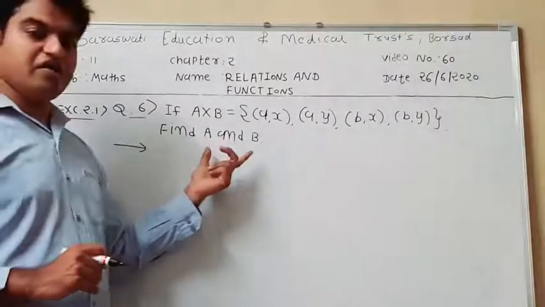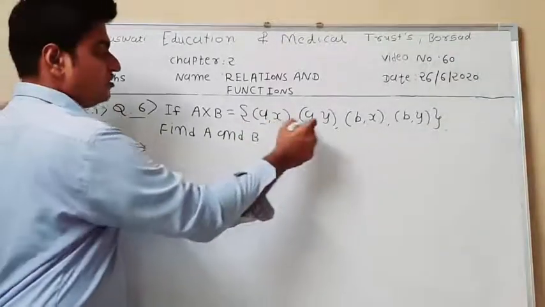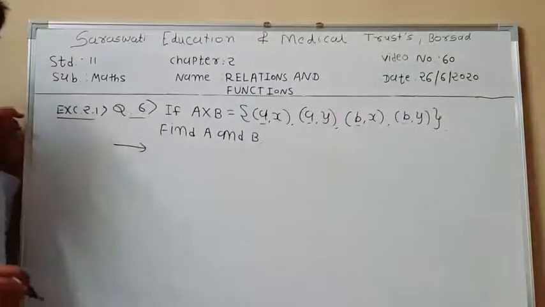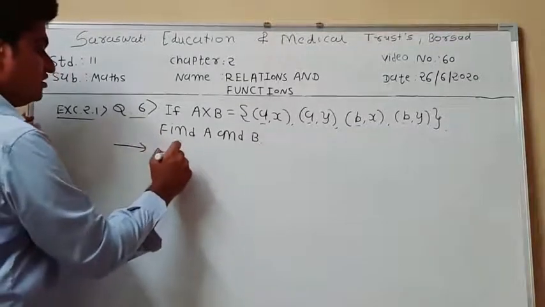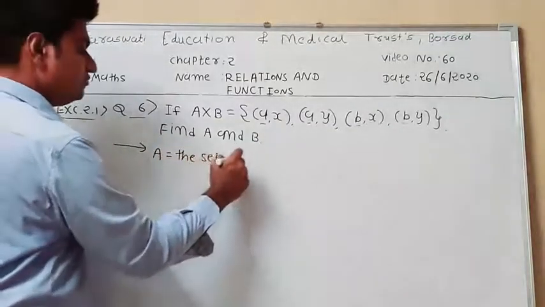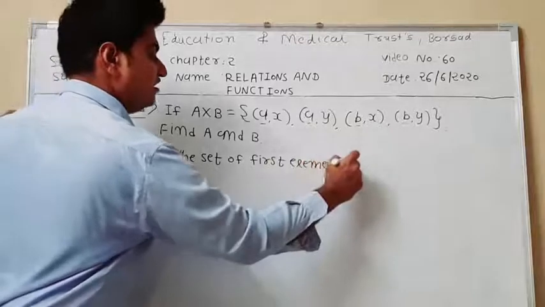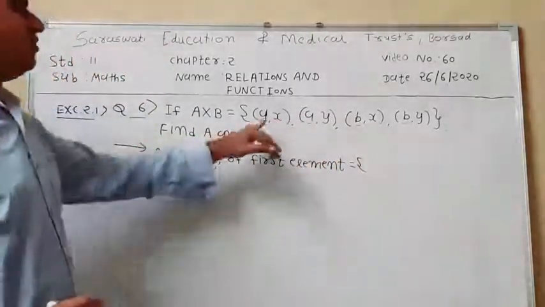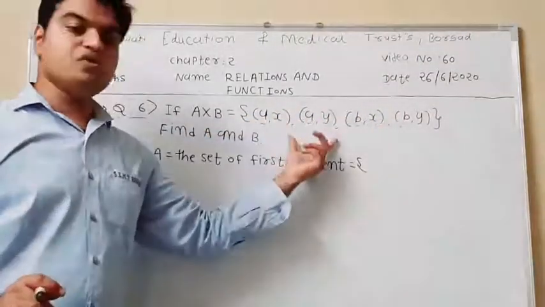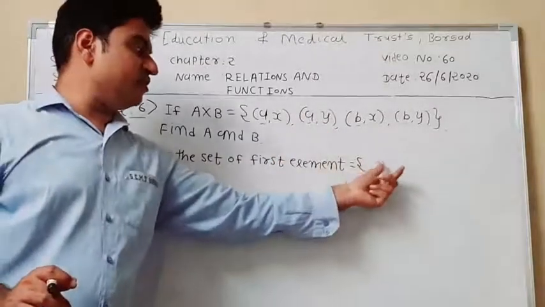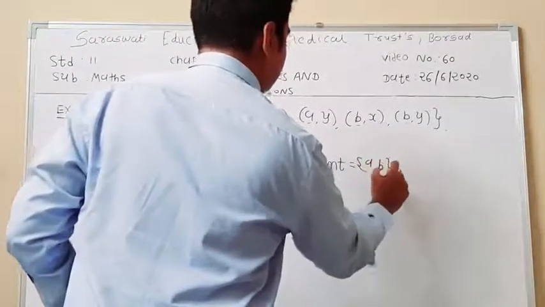Our question is to find the elements of A and the elements of set B. Now again the first position is in set A and the second position is in the elements of set B. So here we can write A is equal to the set of first elements. Here a and b are present, a is repeated and b is also repeated 2 times, but in set form we write them only 1 time. So A = {a, b}.